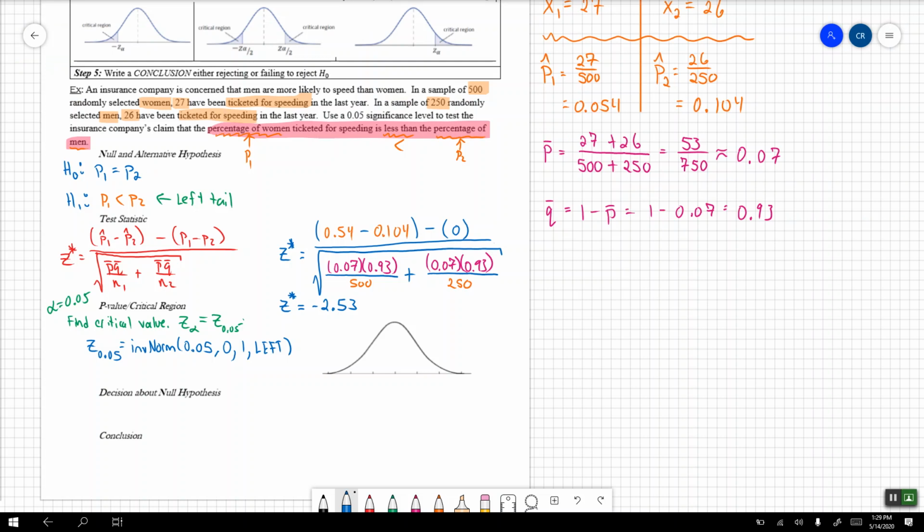All right, so here we go. So the answer that we got here was negative 1.64. Now, looking at negative 1.64, I'm going to go through this small calculation here. So this is going to be 0, negative 1, negative 2, and negative 3. And I'm going to identify what my critical value is. My critical value is negative 1.64. Negative 1.64, that's right in here. So that's negative 1.64, and this is my critical value.